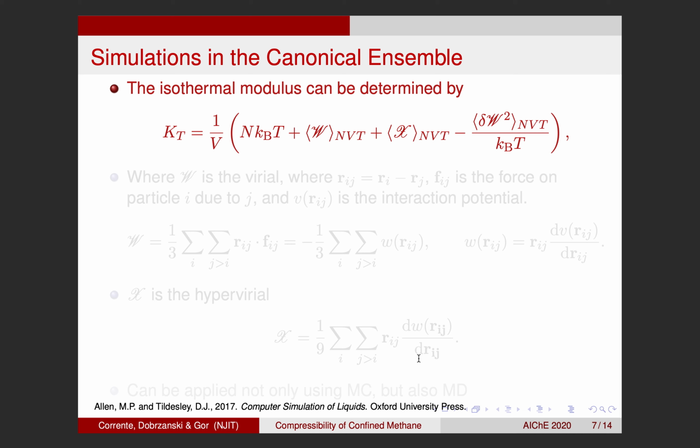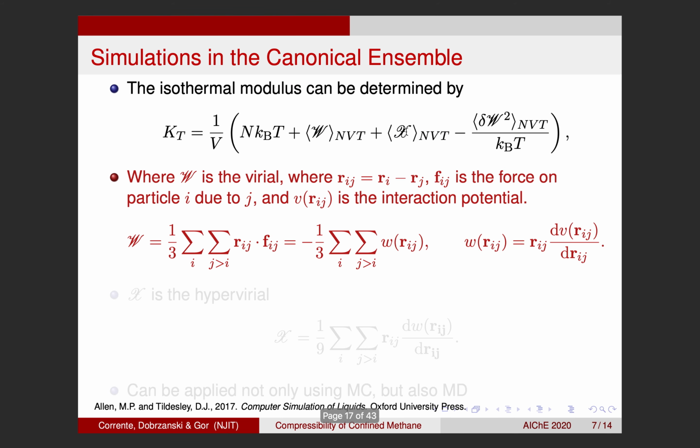In fact, there is a way to express the modulus of the system in the canonical ensemble as well. It is given by this expression, where W is the virial, X is the hypervirial, and basically the elastic modulus is determined by fluctuations of the virial in the system.